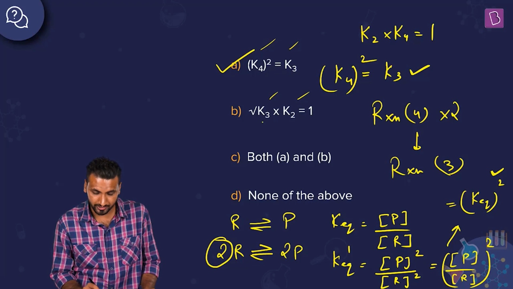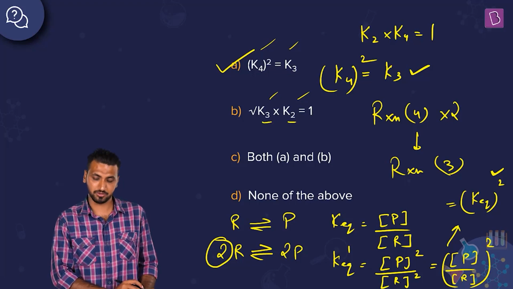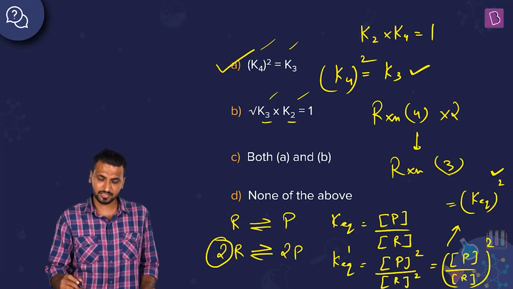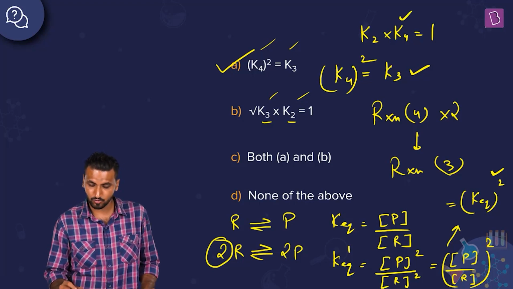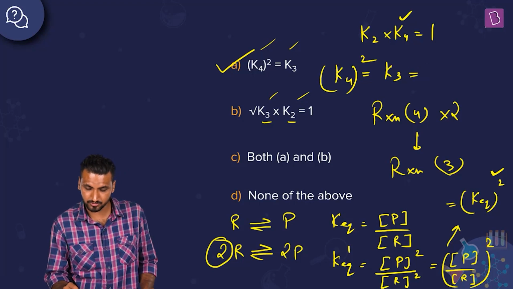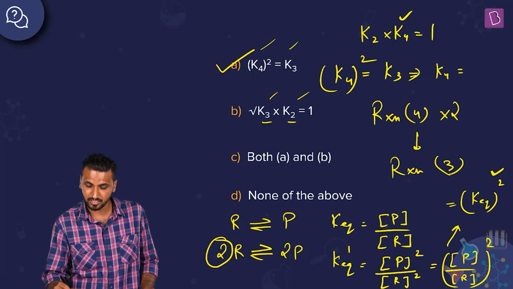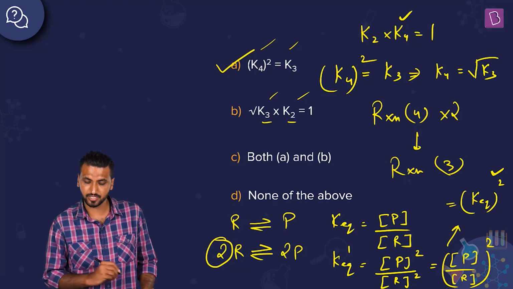Now I want to find a relation between K3 and K2. So can I just do one thing? If I put the value of K4 over here, what is the value of K4? From this equation, K4 is nothing but under root of K3, right?